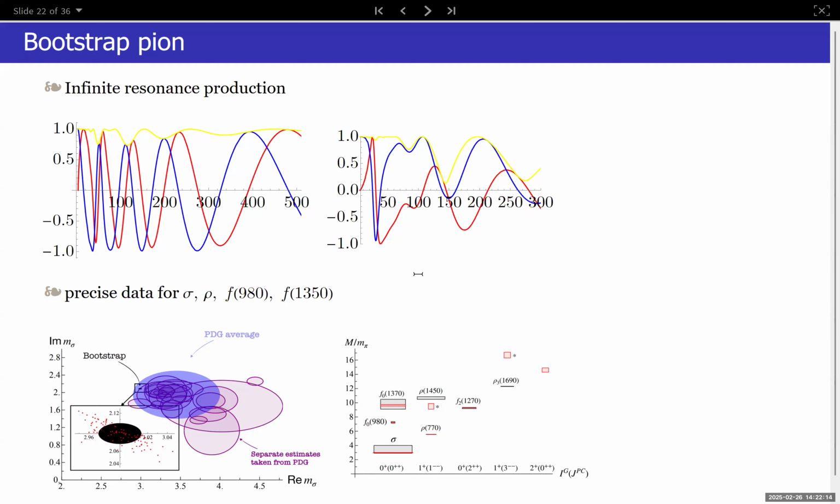Another approach is, given some assumption of the parameter, we try to construct a contradiction with the finite number of constraints. So the first approach is not rigorous. We are trying to construct a solution. The second approach is we are trying to exclude some solution. The second approach is rigorous, but the first approach is not.